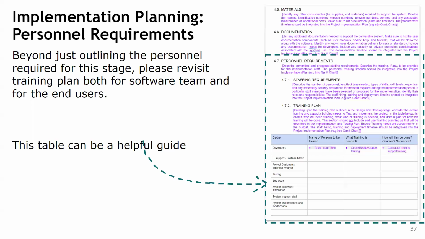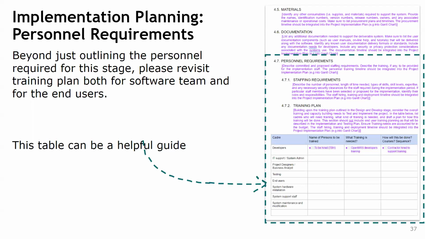Okay, and this part is for the implementing organization to look at staff requirements. Now we're not talking about staff like testers; we are talking about staff who will be needed mainly for training and so forth, and also for the organization we're implementing for.